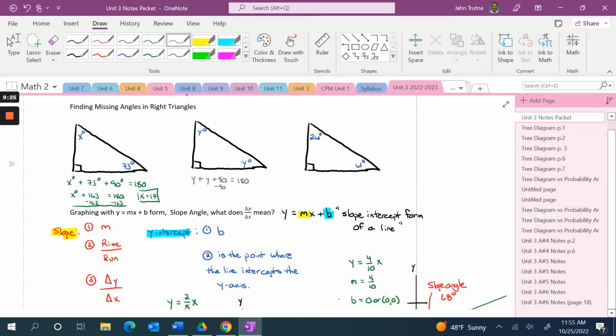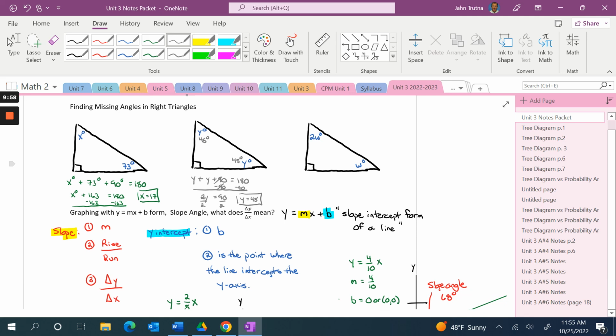I subtract 90 from both sides and combine the y's: y plus y gives me 2y, which is equal to 90, because 180 minus 90 is 90. Then I divide both sides by 2, and that gives me y equals 45. So both of the angles where the y is are 45 degrees.